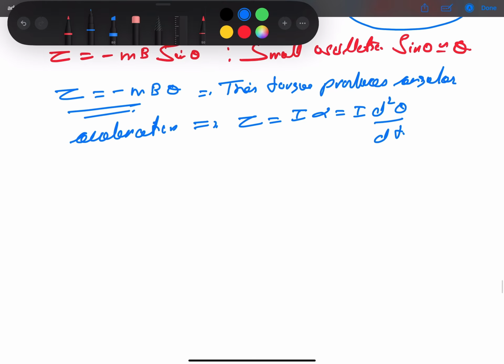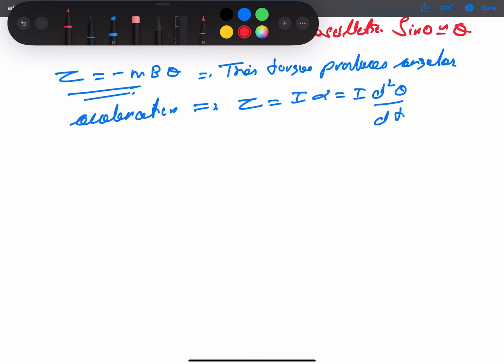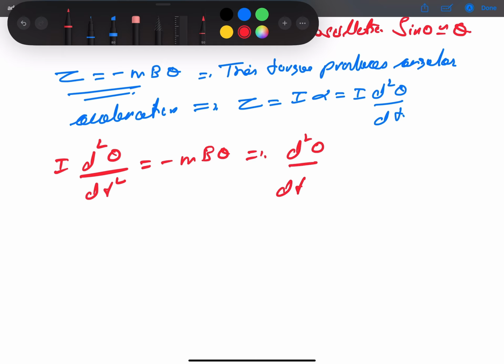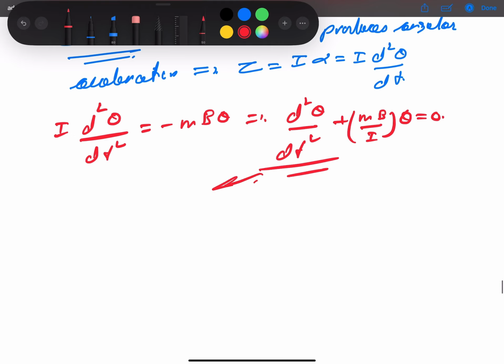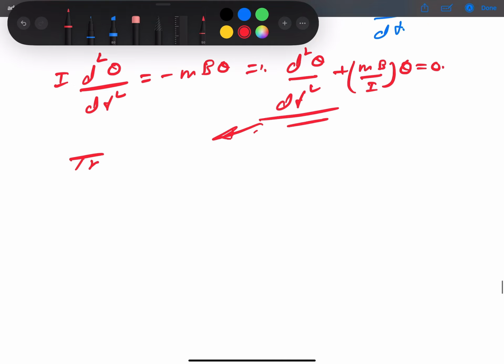Therefore, we can write it further as I times the double derivative of theta is equal to minus mB times theta, and this gives us an equation, a differential equation for SHM, and this will be plus mB divided by I times theta is equal to 0.